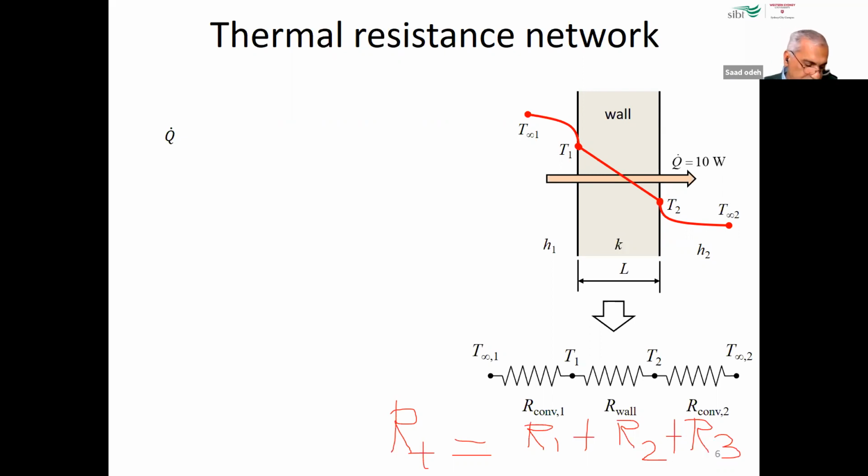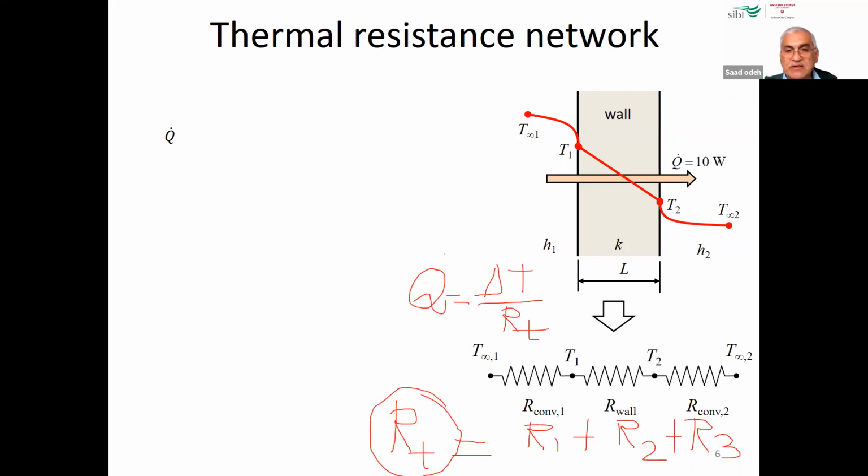Now, if I know the R total, I can simply find Q dot, because remember before we said Q dot is equal to the difference in temperature, delta T, divided by the thermal resistance R. So now if I know R total, simply put it in this equation.